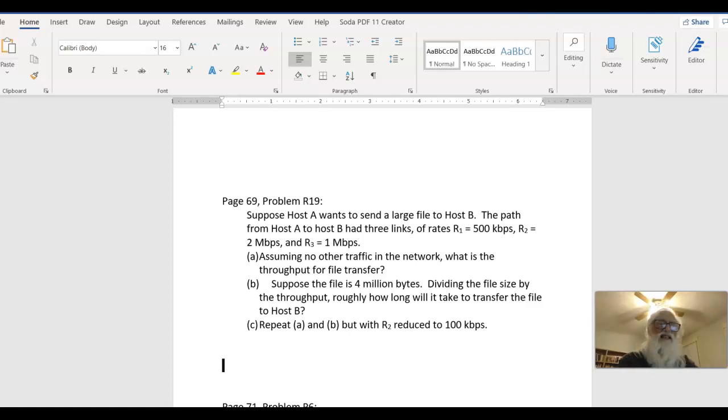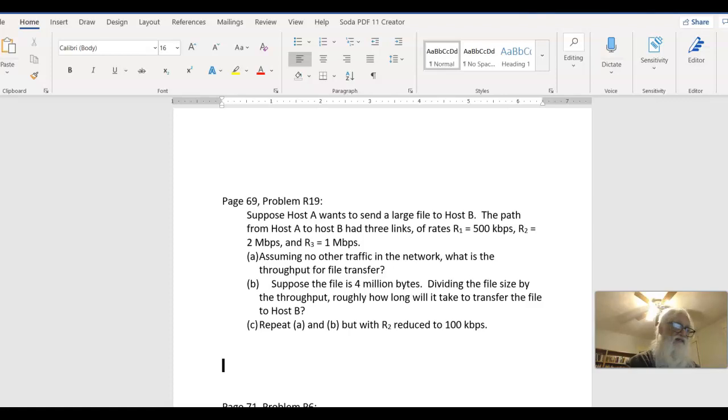Now, if you're passing them through, the slowest one is going to be the one that determines how fast they can go. You can't get them through there faster than that. So in a second, you're going to get 500 kilobits through that line, R1.